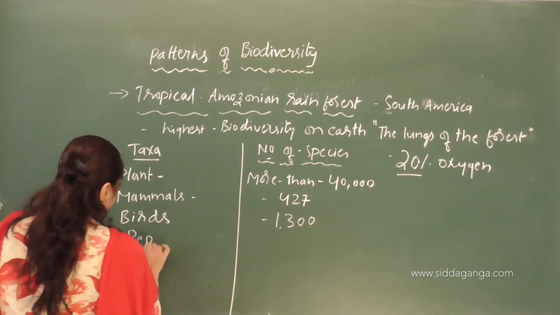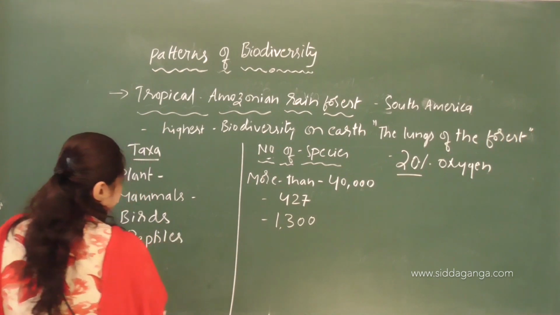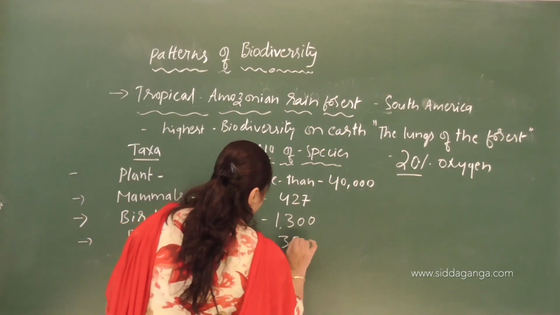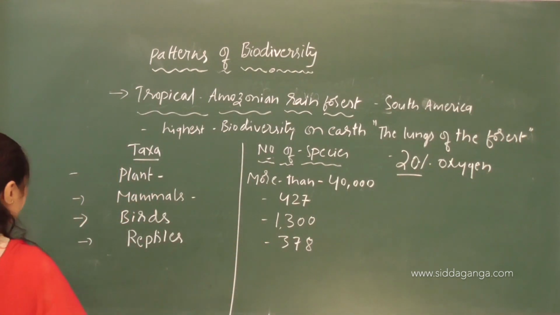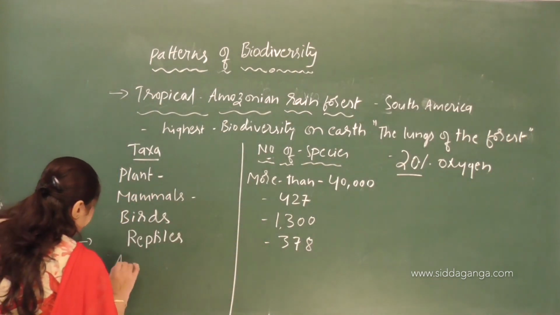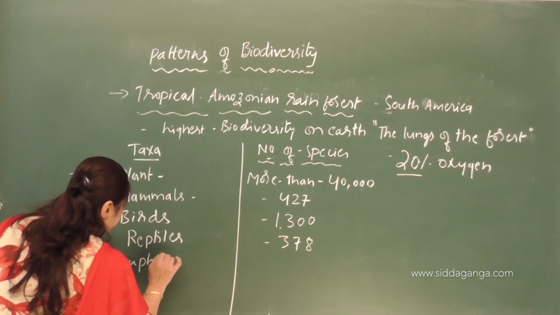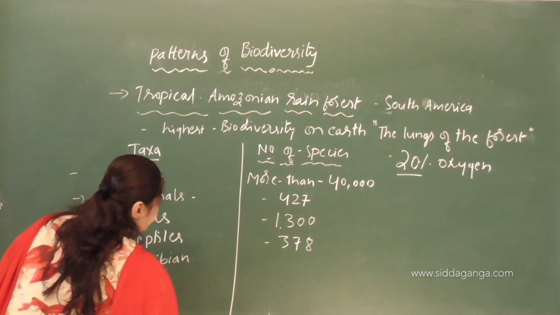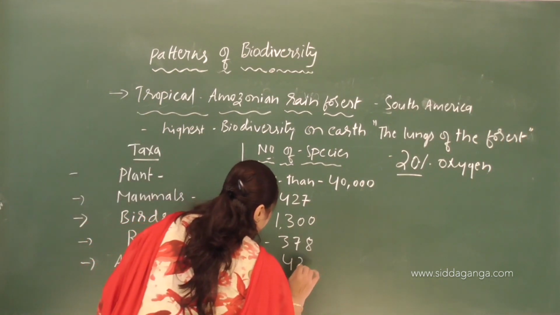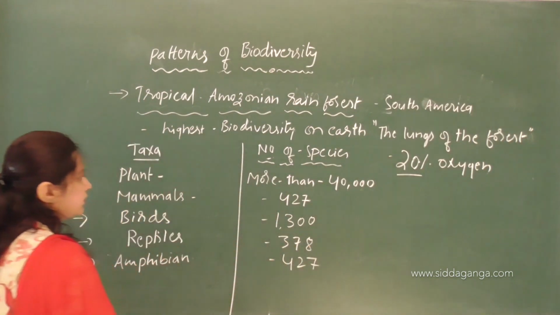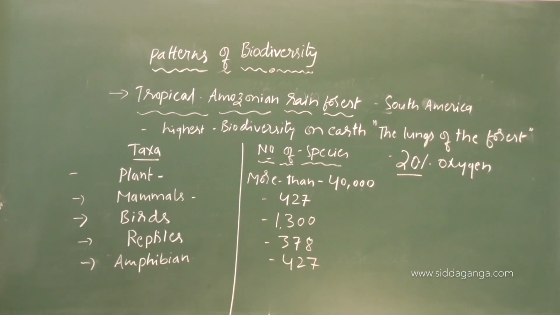When it comes to reptiles, it is 378. And the number of amphibian species, again it is 427.